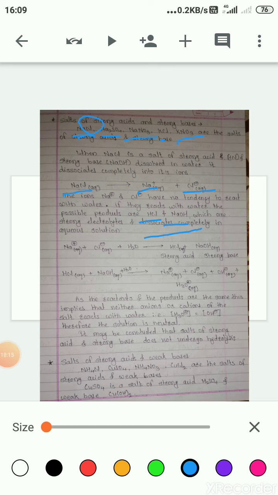So remember one thing: when we dissolve any salt in water and it produces strong electrolytes, then those electrolytes again dissociate into their respective ions, and those respective ions decide the nature of the solution.